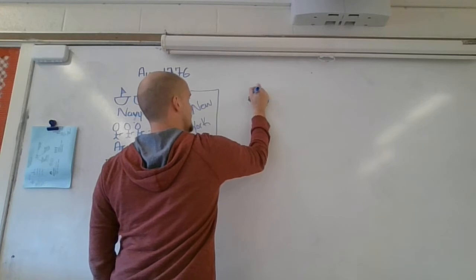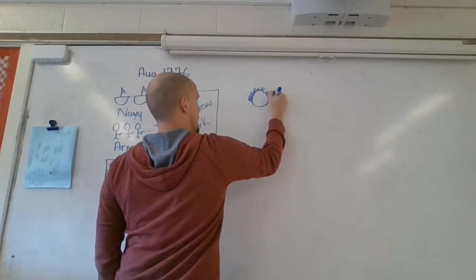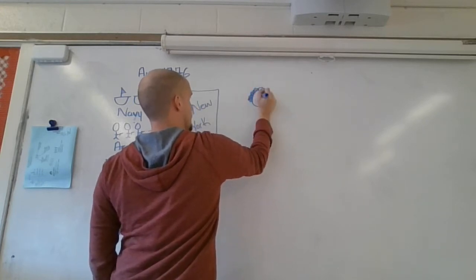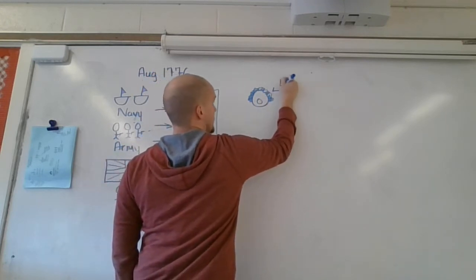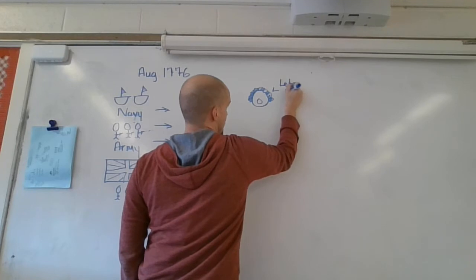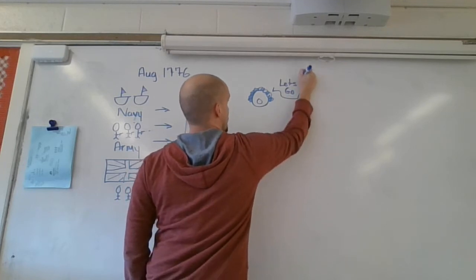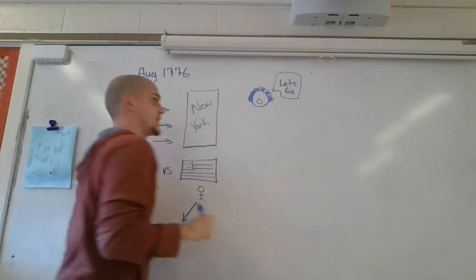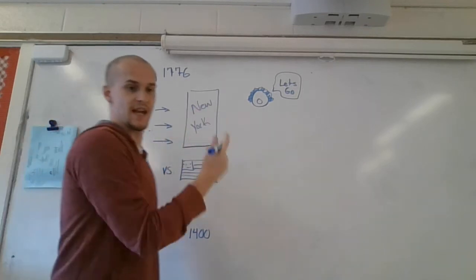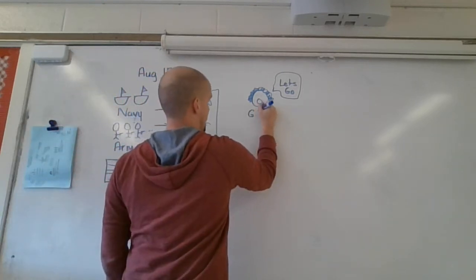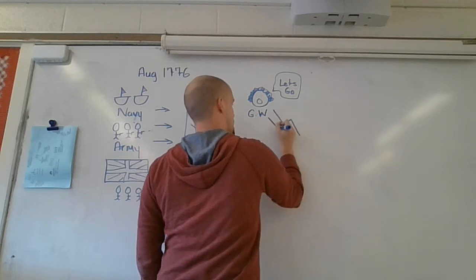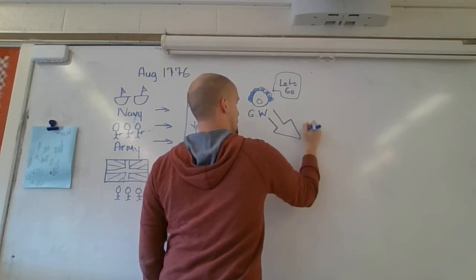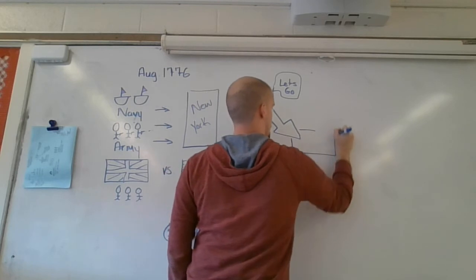What ends up happening is the leader, man with the curly white wig, George Washington, says, "Let's go. It is time to give up in New York." And so Washington, after saying "let's go," takes his troops to Pennsylvania.